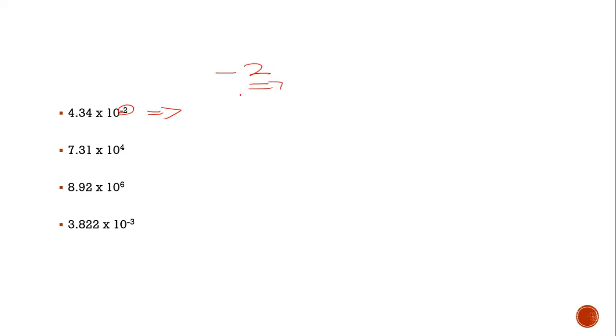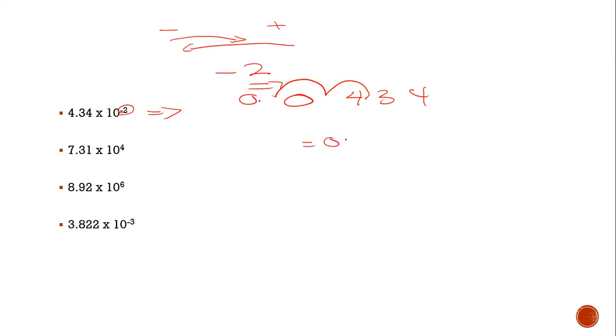When we say it's minus, it means it's coming from the left towards the right, and if it's a positive number, it's coming from the right. So here this is minus, so we're taking it back to the left. We have 4.34, so we have to move this 2 places to the left. 1, 2. This becomes 0.0434.